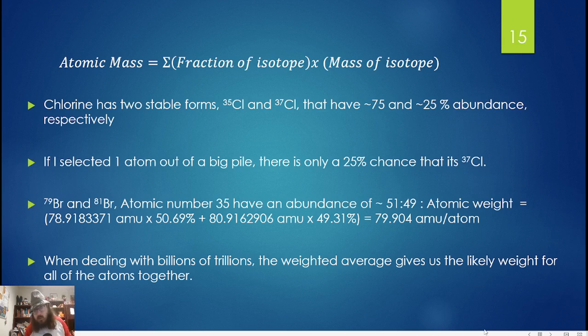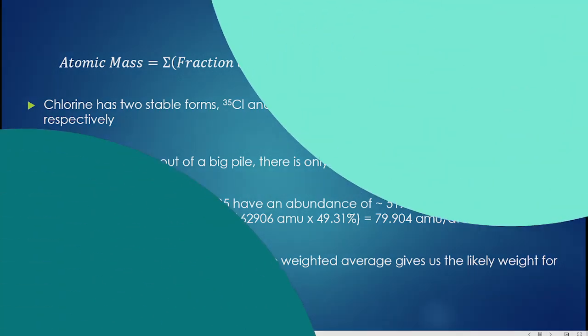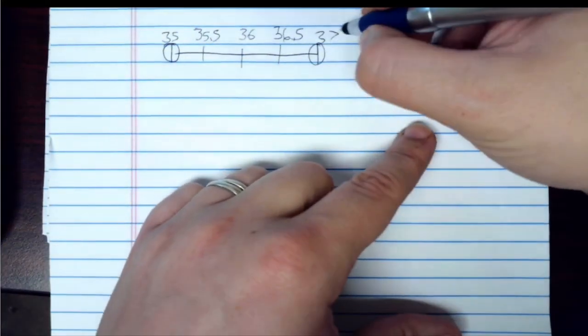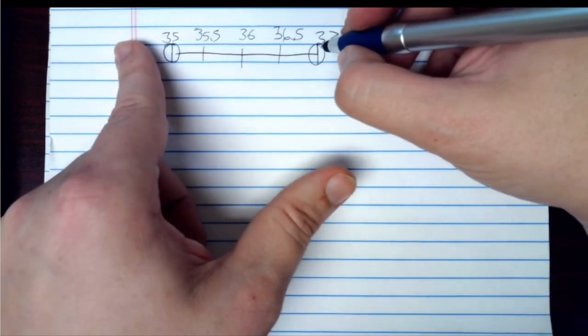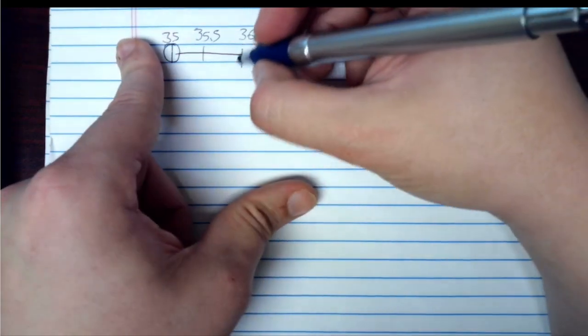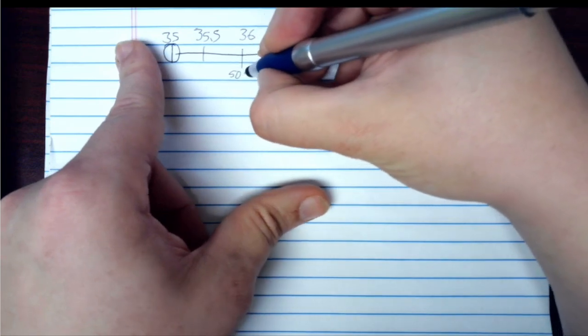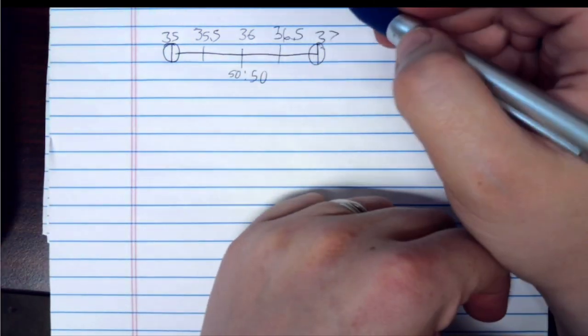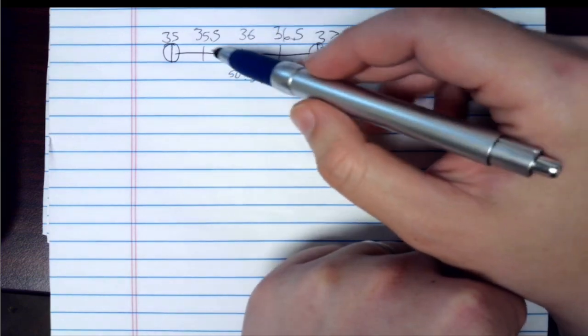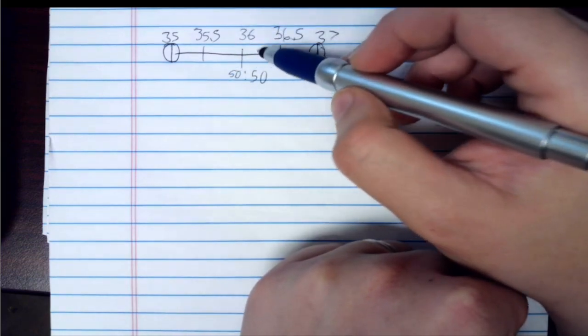So I have these 2 numbers. Now, if I had a 50-50 shot of having chlorine 35 and chlorine 37, your average mass would be 36.